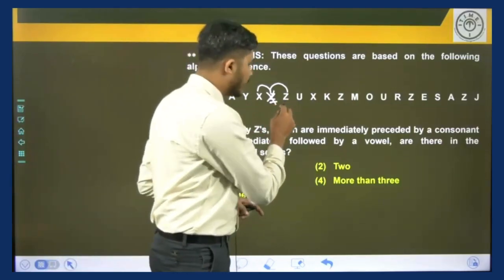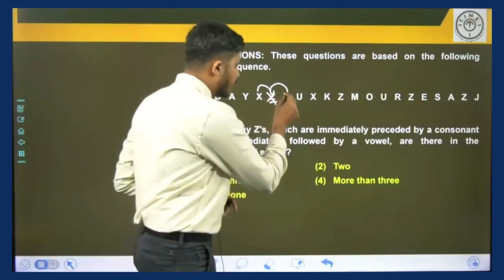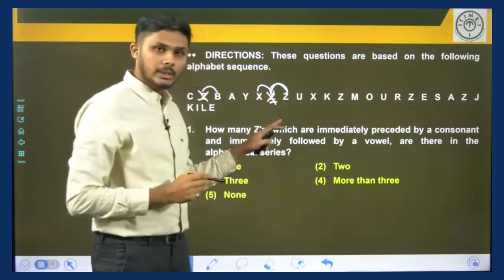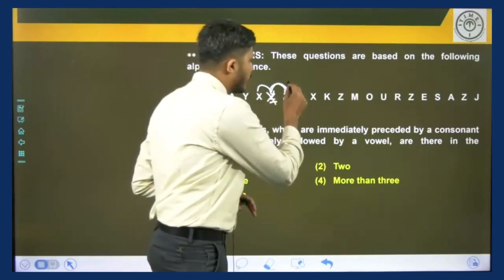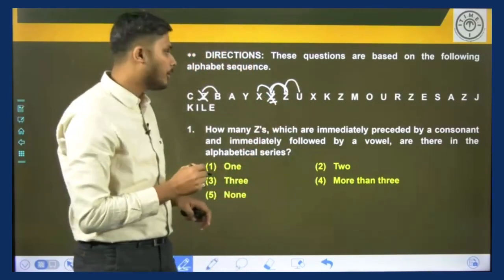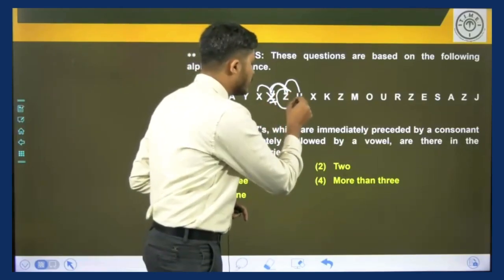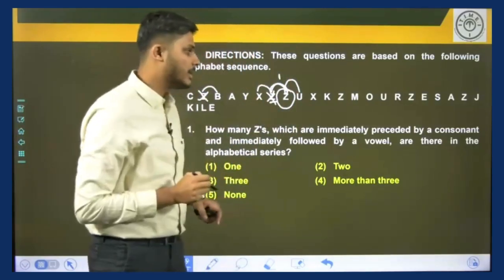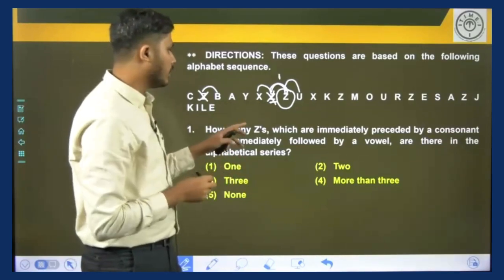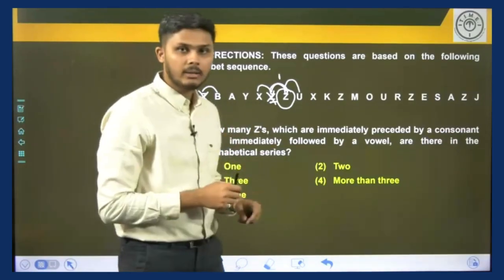So now let's look at the next Z. Here Z is immediately preceded by a consonant and it is also immediately followed by a vowel. So this is the first Z which is immediately preceded by a consonant and followed by a vowel.